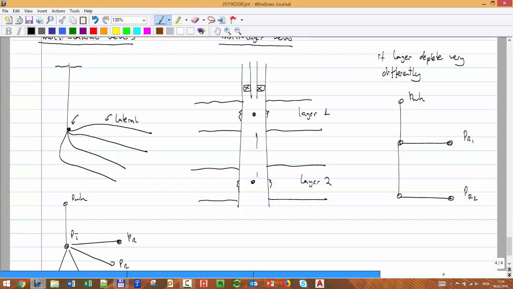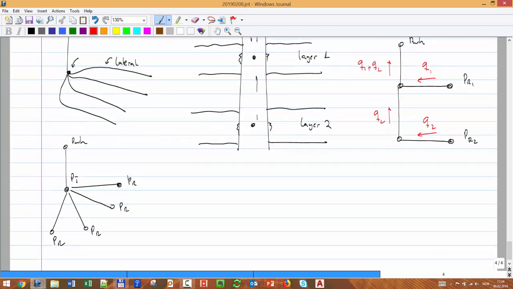Okay, so essentially what might happen with time is that initially you have Q1, Q2, everything is happy. Here you have Q2, and here you have simply Q1 plus Q2. You are producing from both layers. But due to the depletion, with time, it might happen that you have the following.